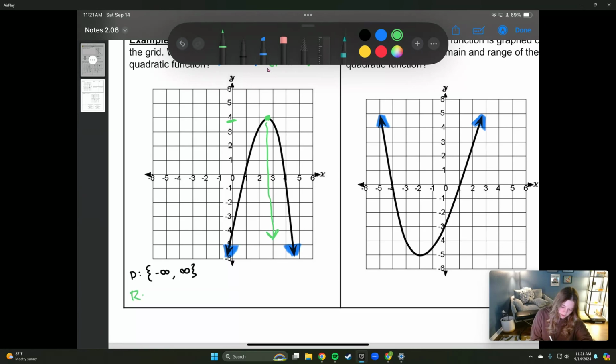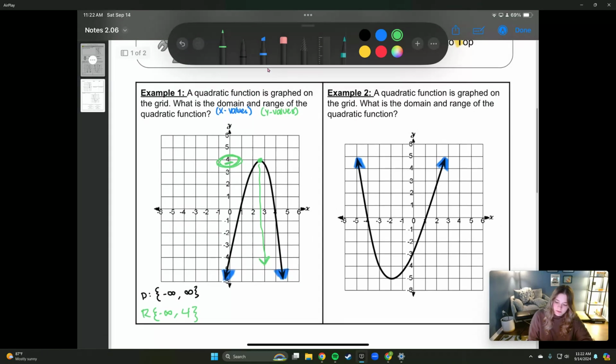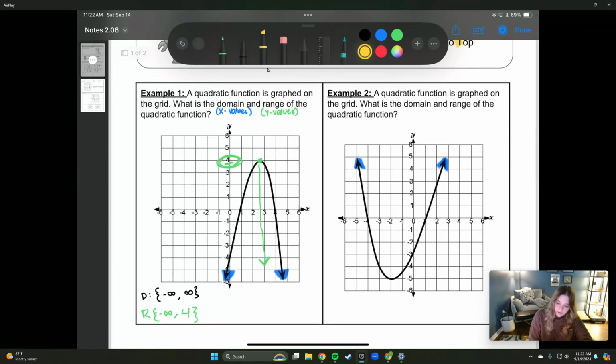Your range is going to be from negative infinity to 4. Okay? Does that make sense? So even though your domain is negative infinity to infinity because of those arrows, the range actually does have a point where it stops. Okay, I want you to try example 2 on your own. Think about how we did example 1 and try example 2 on your own.